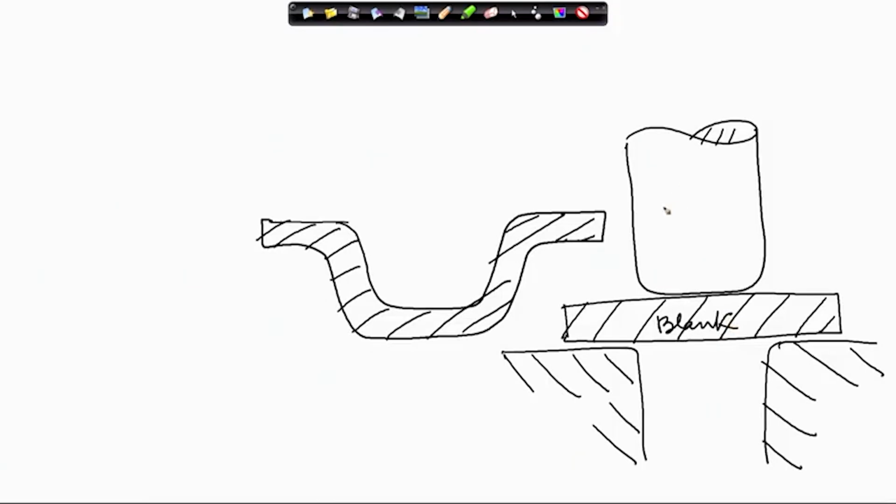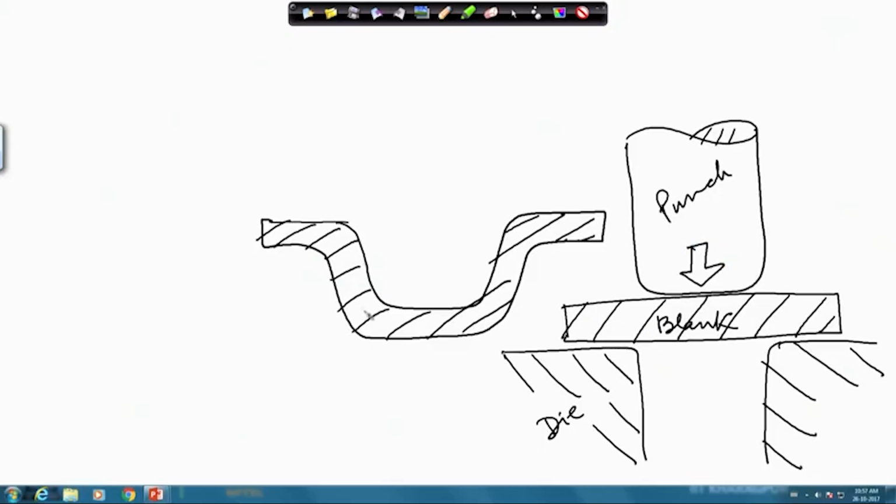So, this we call the punch, this we call the blank, and this we are calling the die. So, if this goes down, we will have gradual deformation, and this is one intermediate step. When it is fully through, this will be drawn in the form of a cup.